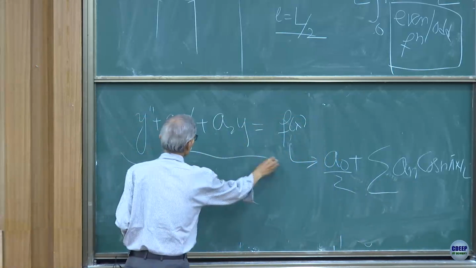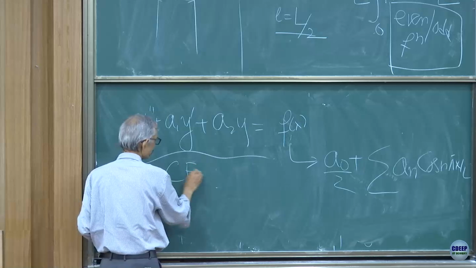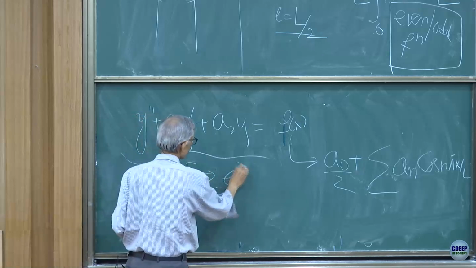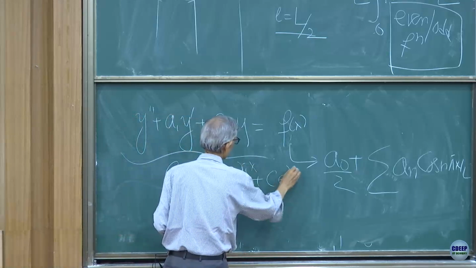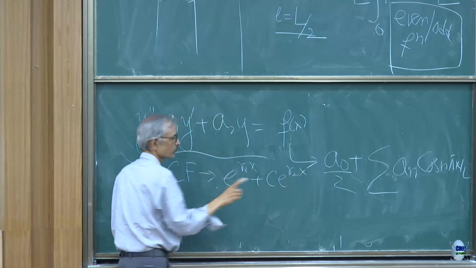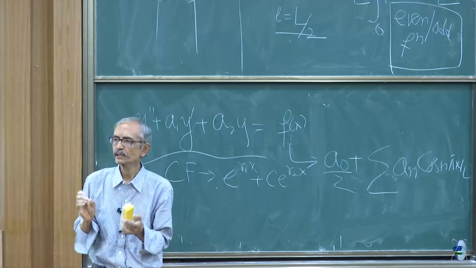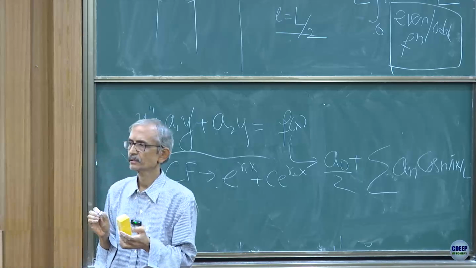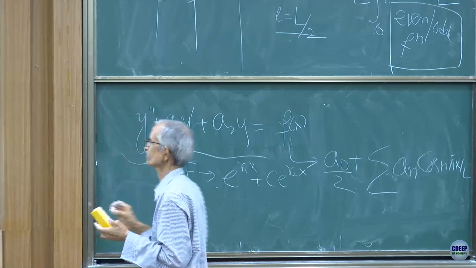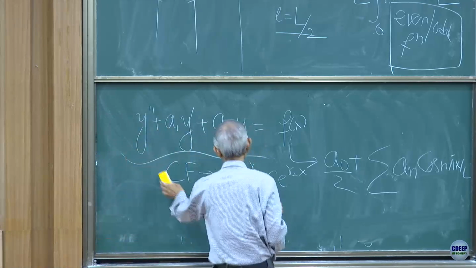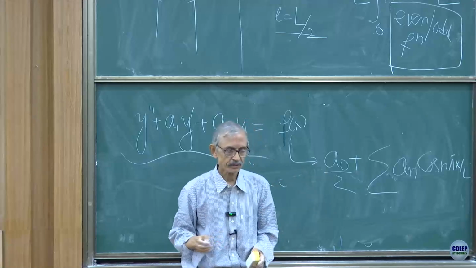Fairly straightforward. I can get my complementary function c1 e^(r1 x) plus c2 e^(r2 x). This is my complementary function. How do I get my particular integral? What is my particular integral? Okay, we'll stop here today.